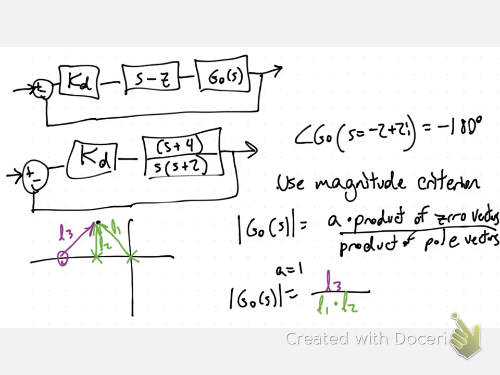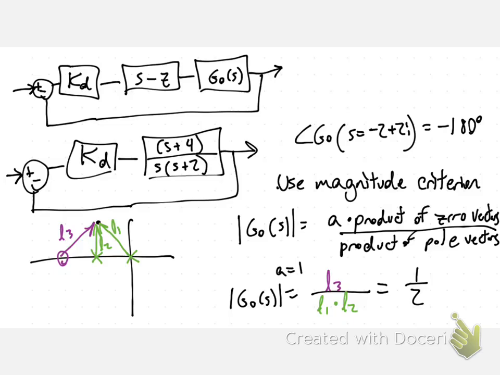And we have that L1 and L3 should be the same length because they both have legs of 2 and 2. And so they should be 2 root 2 for their length, but we don't even need to know that because we can see that they're the same. So GO of S is just going to be determined by the length of L2, which is just 2. So it'll be equal to 1/2.